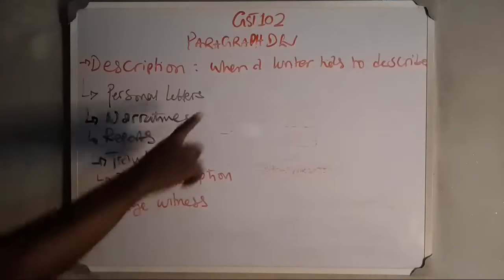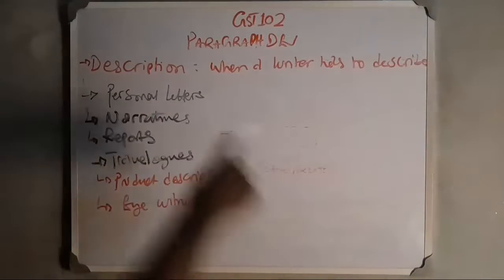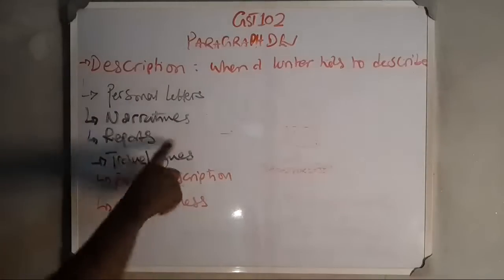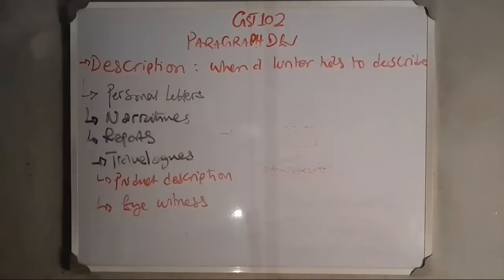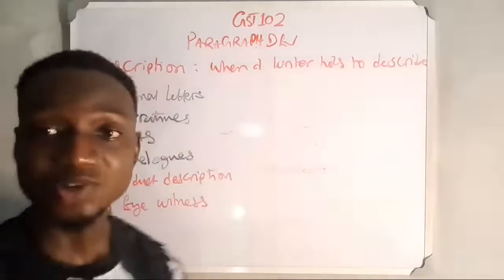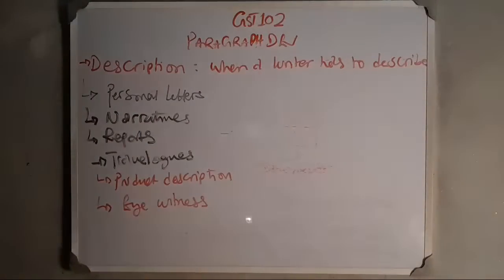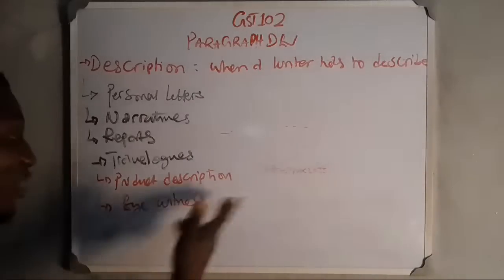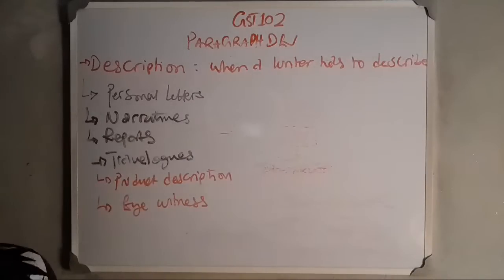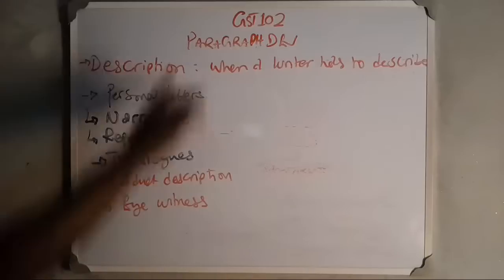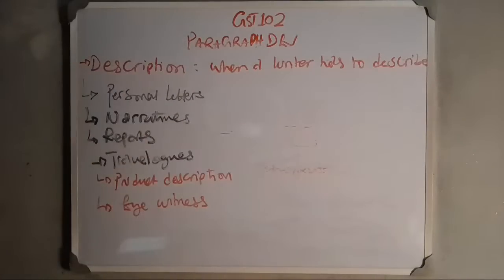So personal letter about a person, narrative could be about a place, report could be what you witnessed, travel log, where you've been to, product description, you're trying to describe a product, and eyewitness, an event you might have witnessed. That has to do with the use of description to develop a paragraph, okay?